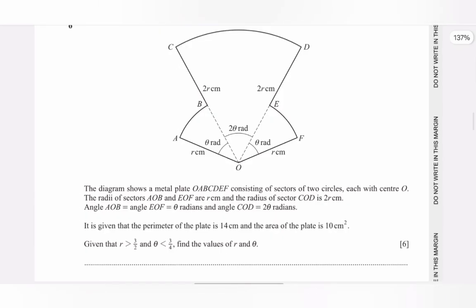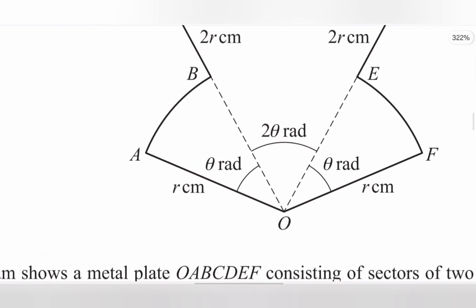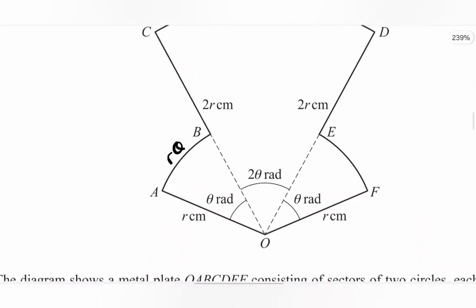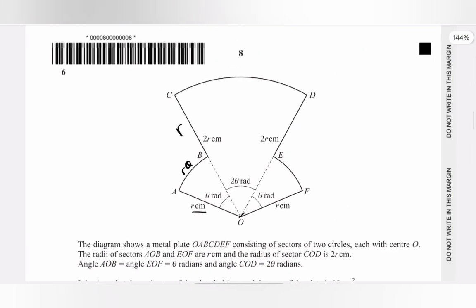So for perimeter, we need this one, arc length AB, and for that we're just going to say r theta. The radius is r and the angle is theta. And for this part, since CO is 2r and OB is r, this will also be r. 2r minus r will get r for that part.